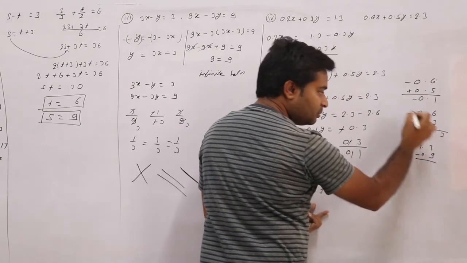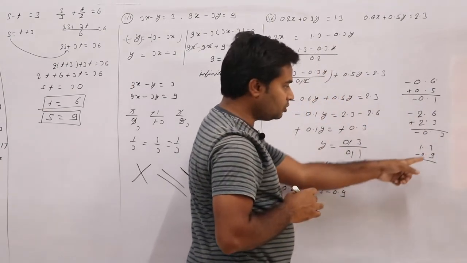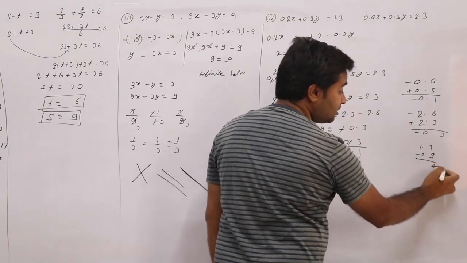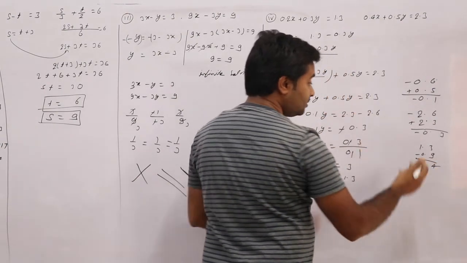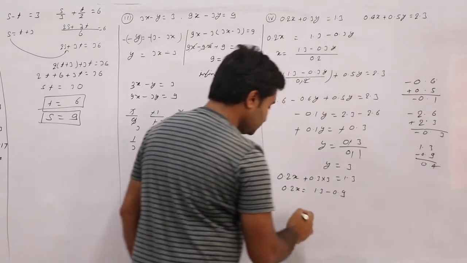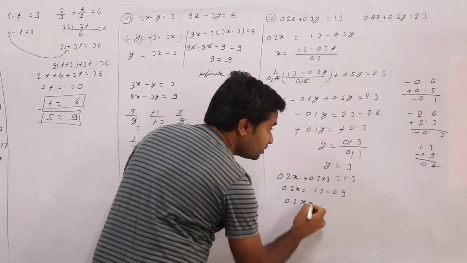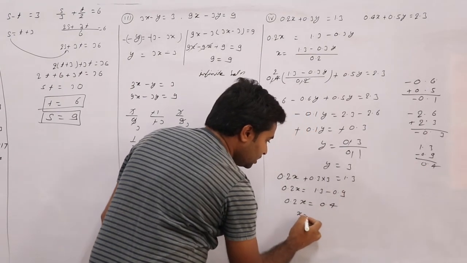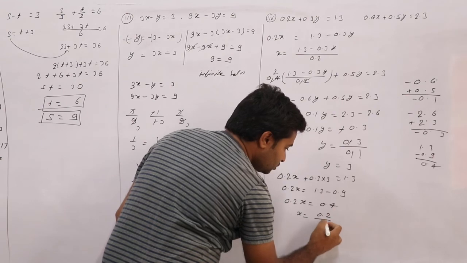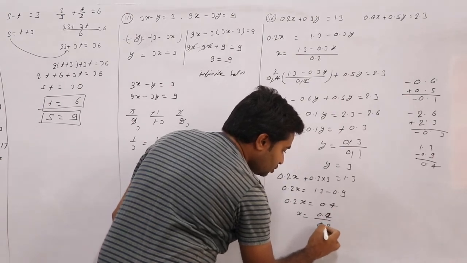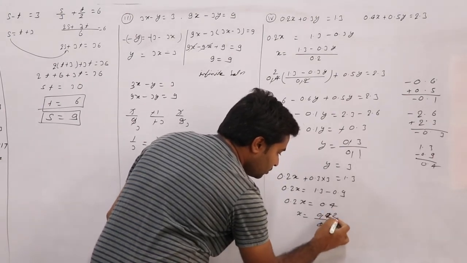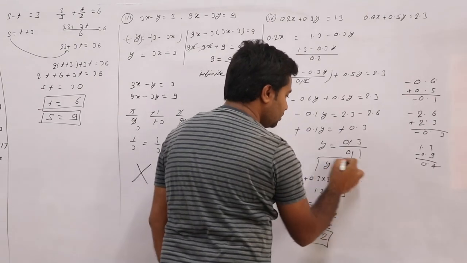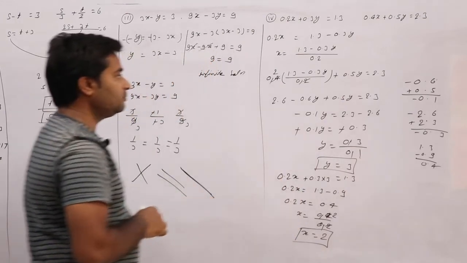Decimal should be kept straight, so 13 minus 9 is 4. So 0.2x is equal to 0.4, so x is equal to 0.4 by 0.2. The decimals cancel, 4 by 2, so x is equal to 2. Here you get the value of x, and here the value of y.